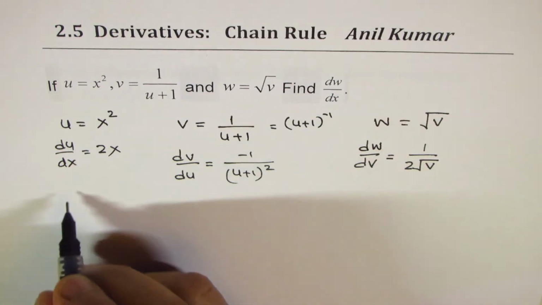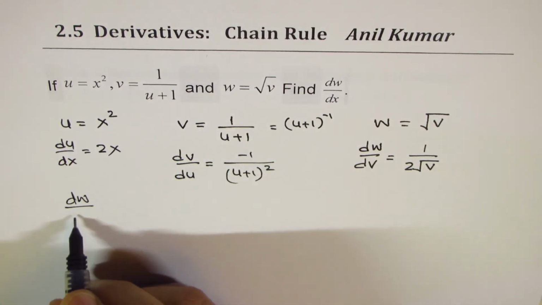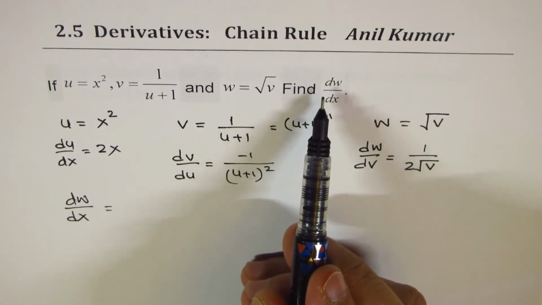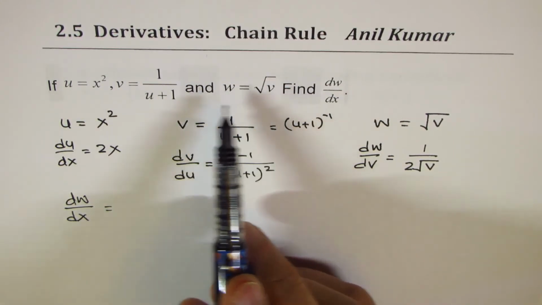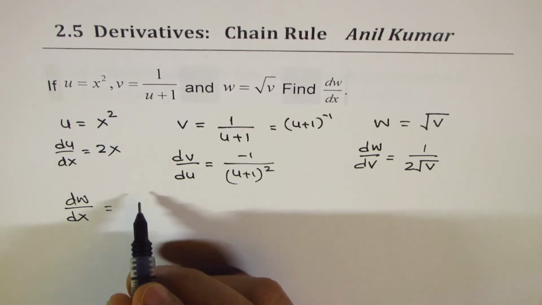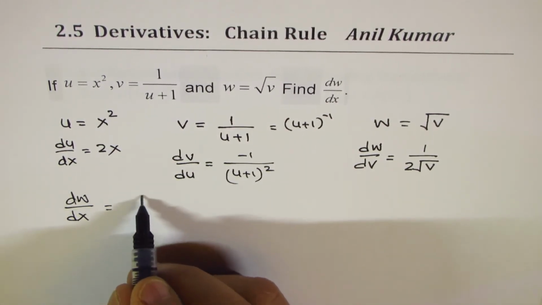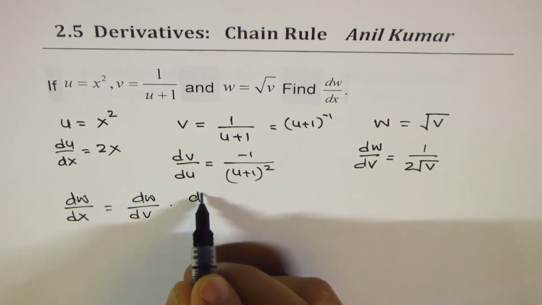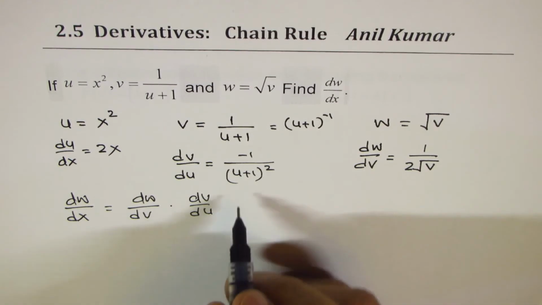What is dw/dx? Because now you can see w is differentiable and is a function of u, v, and so x, right? So it could be written as dw/dv times dv/du. So you go move inside.